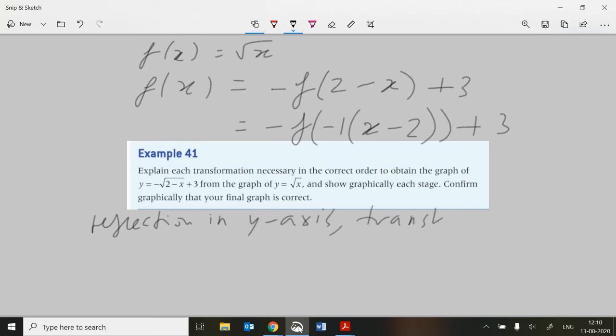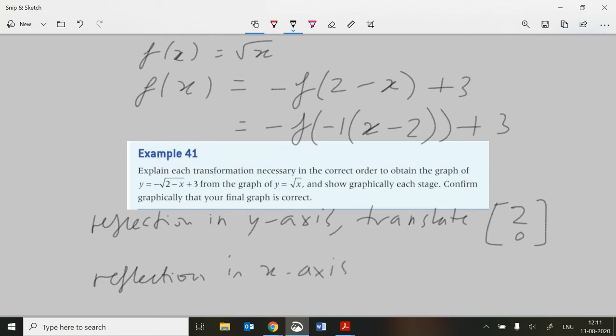Then we're going to translate by plus 2 in the x direction. You should figure that one out now, doing this the other way around to what we expect. And then we've got the things happening on the outside. We've got the times by minus 1, so now it's a reflection in the x-axis.